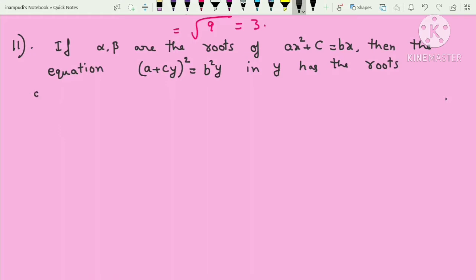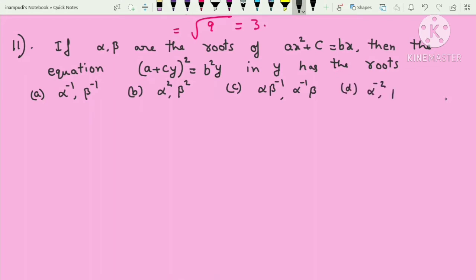Option A: alpha power minus 1, beta power minus 1. Option B: alpha square, beta square. Option C: alpha beta power minus 1. Option D: alpha power minus 2, beta power minus 2.